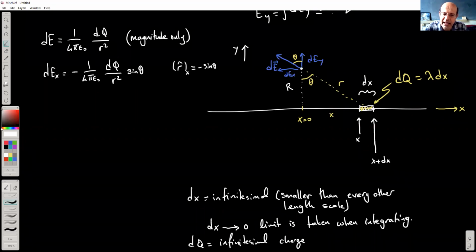But in any case, this equation is consistent with both possible signs of the charge. So it doesn't matter whether the linear charge density on the rod is negative or positive. In both situations, this formula is valid. And when you integrate this, you are going to obtain a valid expression for both cases.